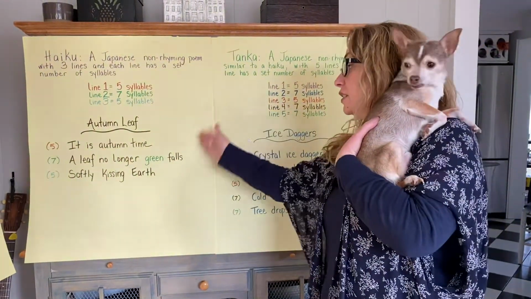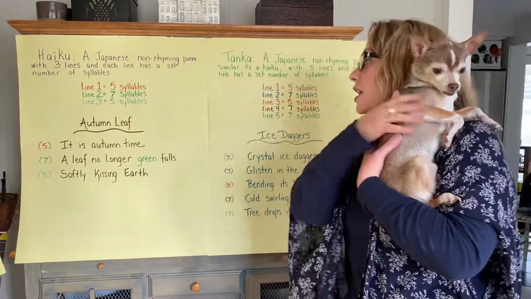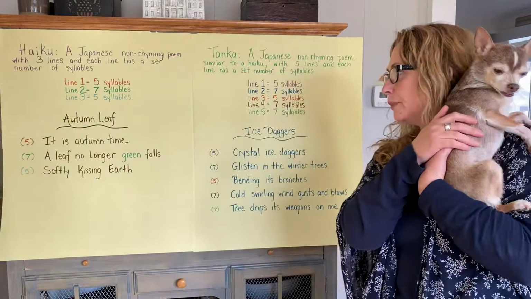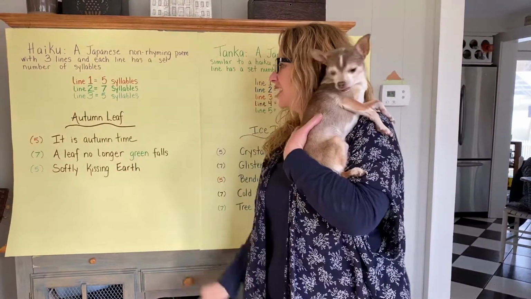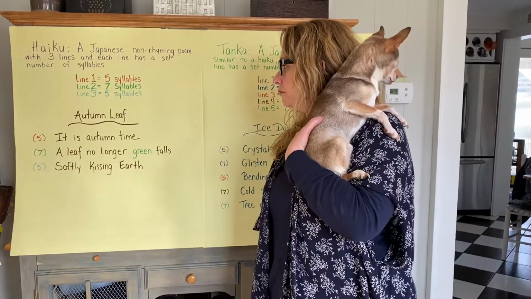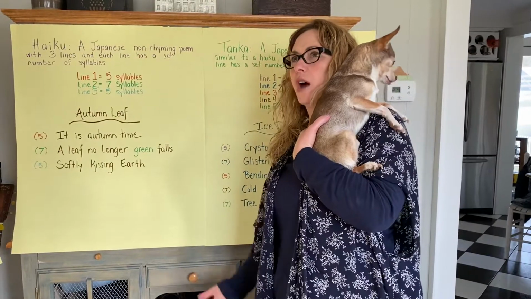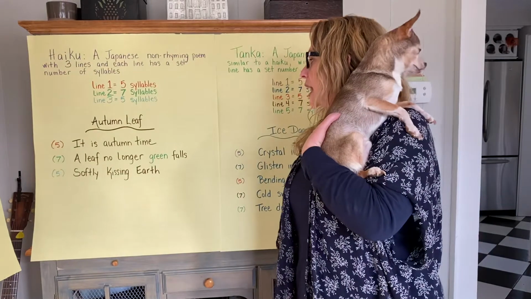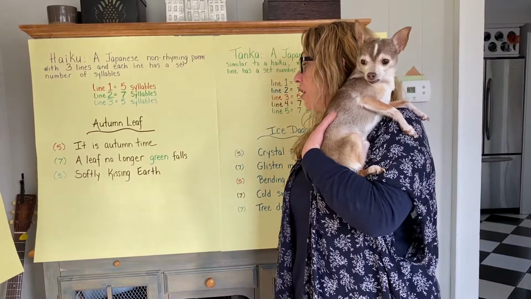So this really, truly is a haiku. But where's the personification in this poem? Is it autumn time? Is that giving autumn a human characteristic? No. A leaf no longer green falls?